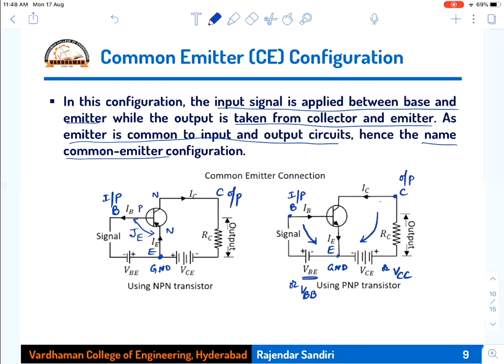Now, emitter base junction should be forward biased, nothing but what? Positive terminal of the battery. Sorry, no, this is not NPN transistor. NPN transistor should have an arrow outside. This is actually PNP transistor. It is interchanged here.